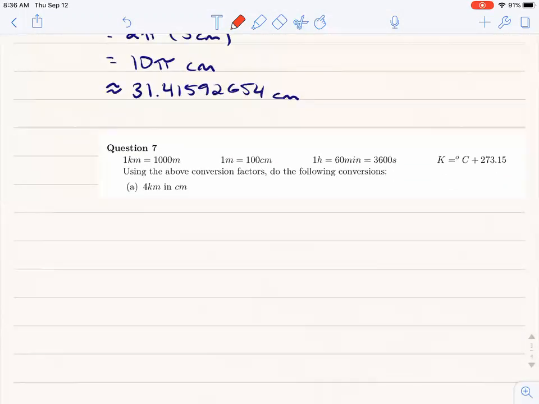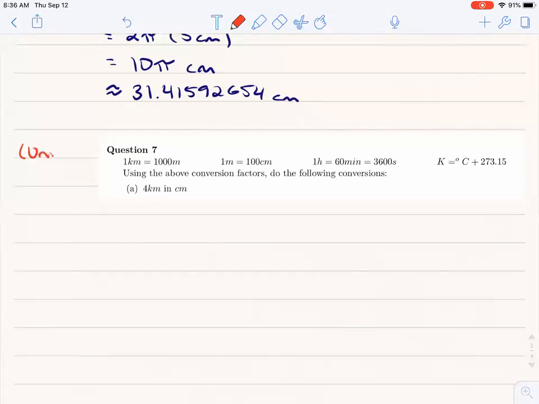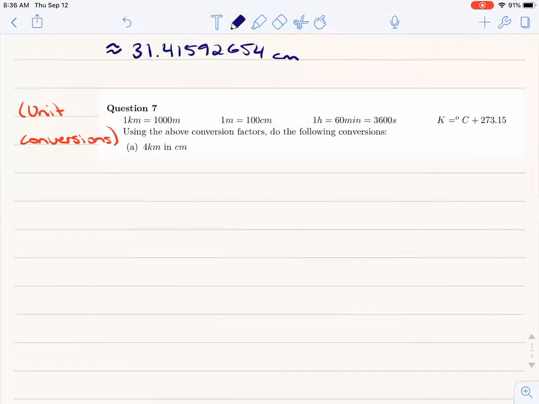Okay, so question 7, you can look at unit conversions, which is actually the sheet I printed out for you. This one you had to do on your skills assessment, but I think it was 3 kilometers into centimeters. Changed it to 4.